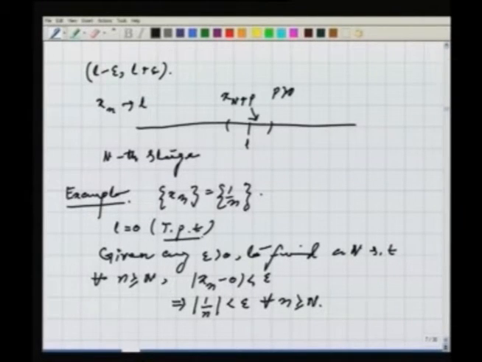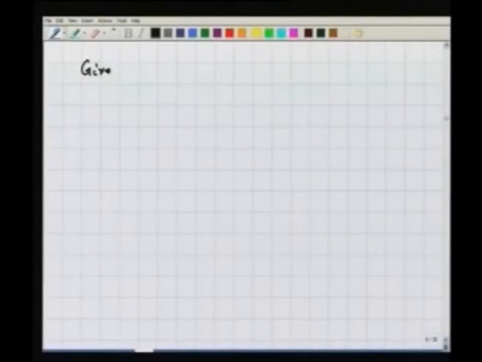Well, here we are going to use the Archimedean property. We have noticed in the last lecture that given epsilon bigger than 0, there exists capital N such that 1 by capital N is less than epsilon.